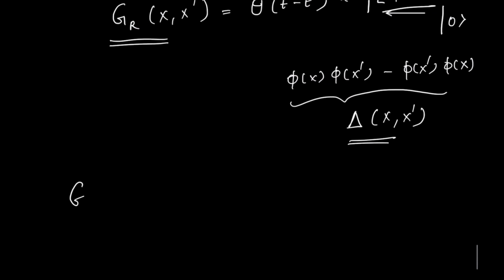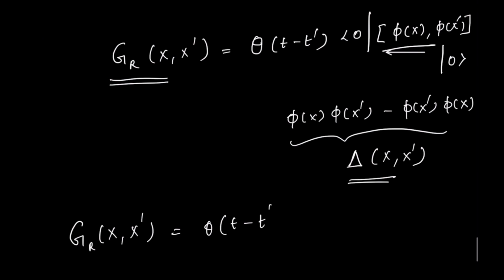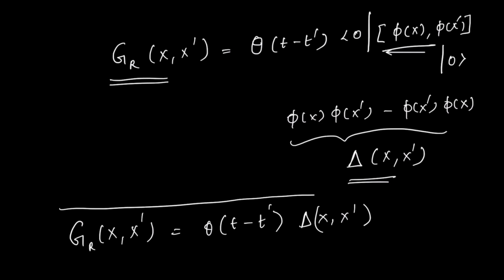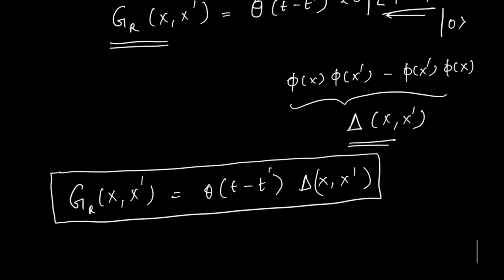So I'll rewrite GR, the retarded function of x, x prime, is equal to theta of t minus t prime, then instead of the commutator, I can write delta of x, x prime. This is the retarded function.